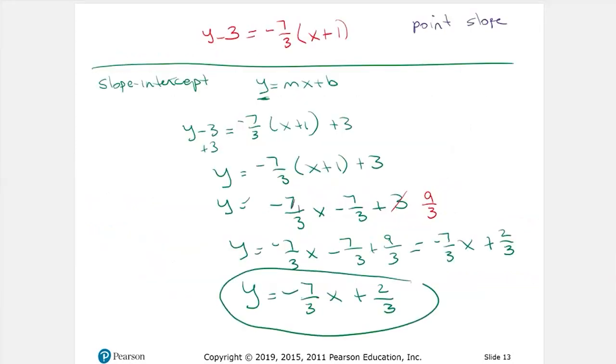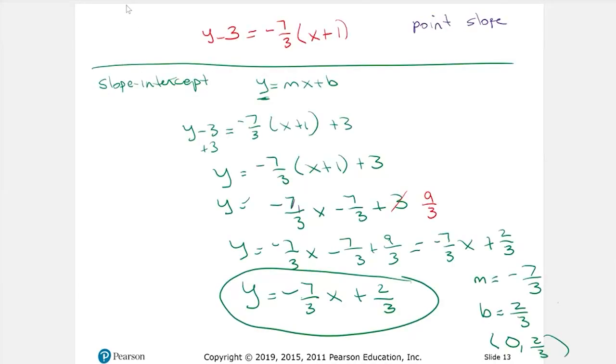This is our slope intercept, where our slope is now -7/3, which it always was, but now we know our y-intercept, which is b, is 2/3, or if I want to know what the point is, x is 0, y is 2/3. That's in ordered pair form, okay? So I went from point slope to slope intercept, and now the last one we have to do.